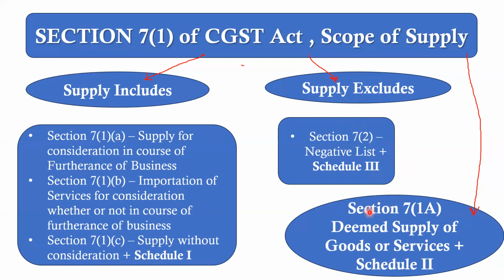And the other one, the deemed supply of goods and services, you are supposed to read along with Schedule 2. The applicable section of the CGST Act is 7 subsection 1A.